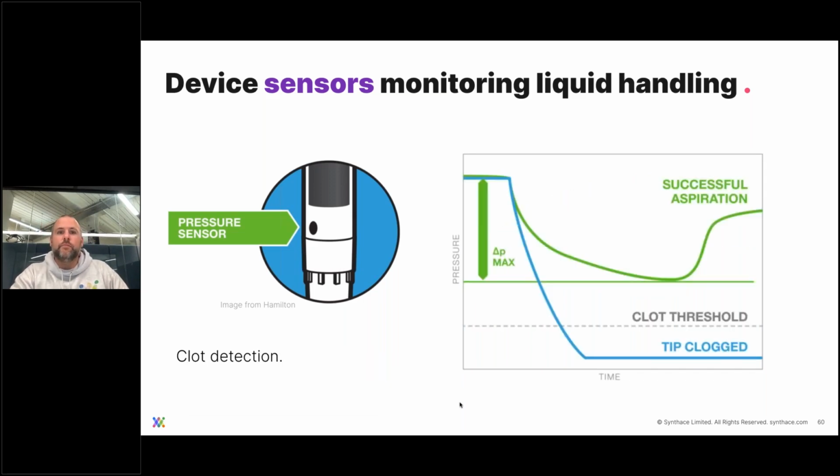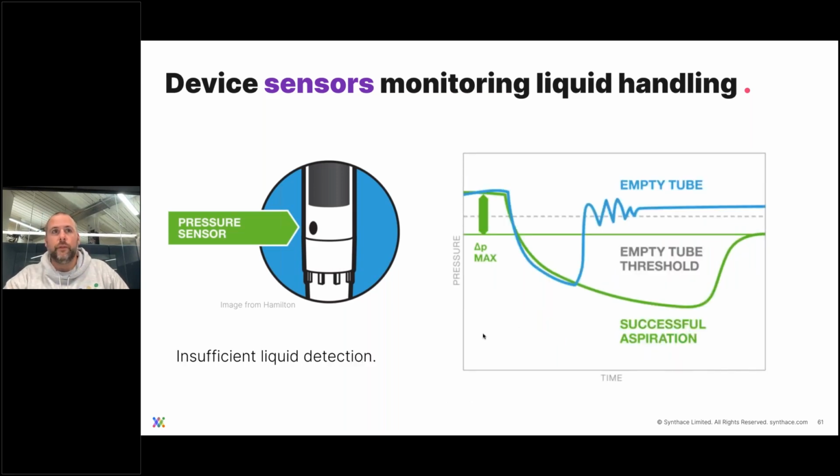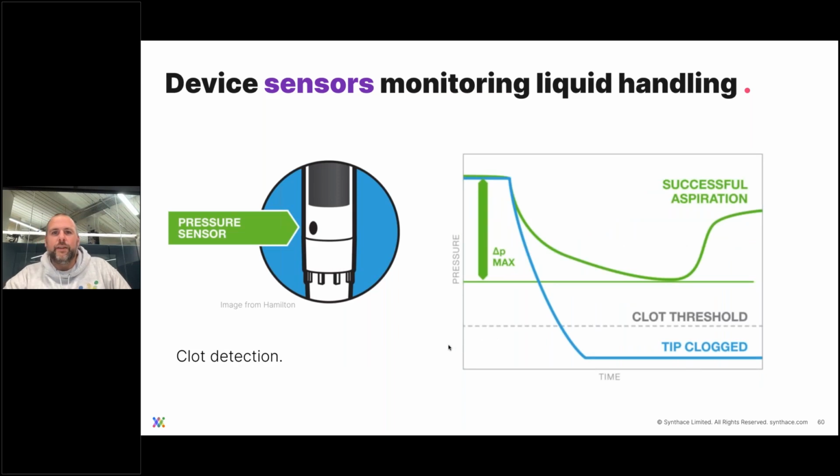And where it becomes pretty cool is you can use these profiles to detect things like clots in the sample. If you're pipetting blood and you can create this profile in green for a successful aspiration of the sample, then you can set thresholds on performance for that transfer. The blue shows the decreased pressure in the tip due to a clot preventing aspiration of the total sample.